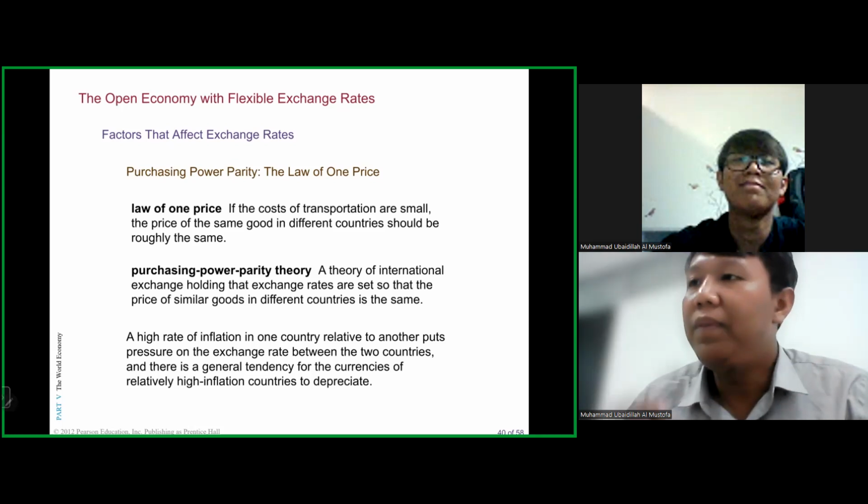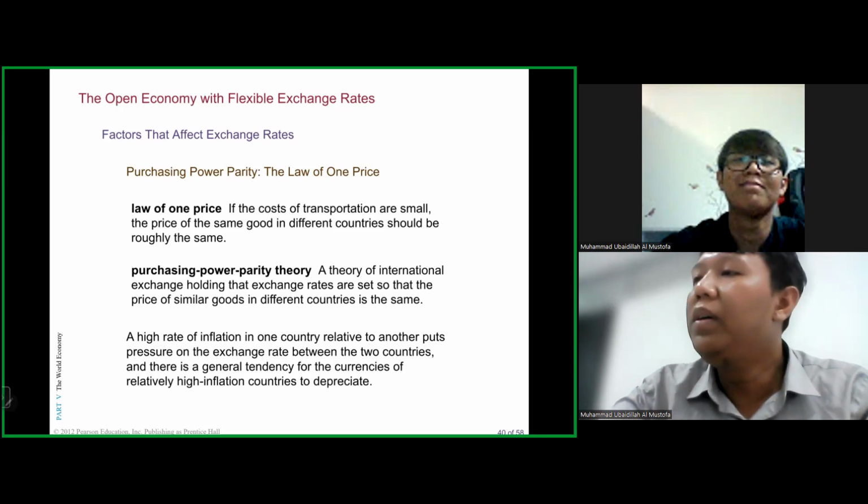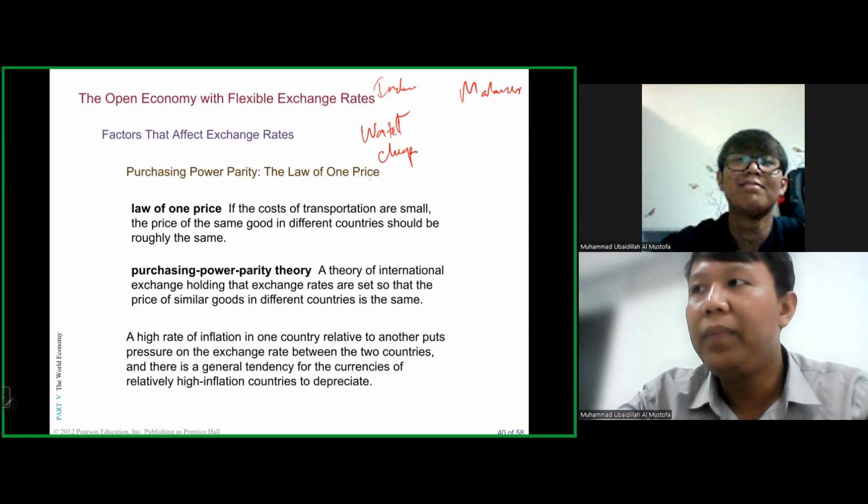I will give you a simple example. For example, the price of one bottle of water in Indonesia is cheaper compared to Malaysia, where it is more expensive. This makes people want to buy water from Indonesia because it is cheaper.